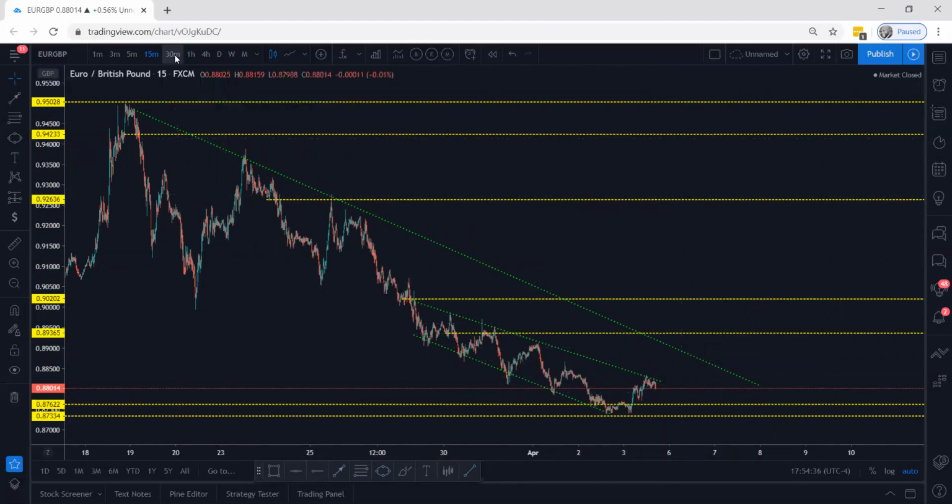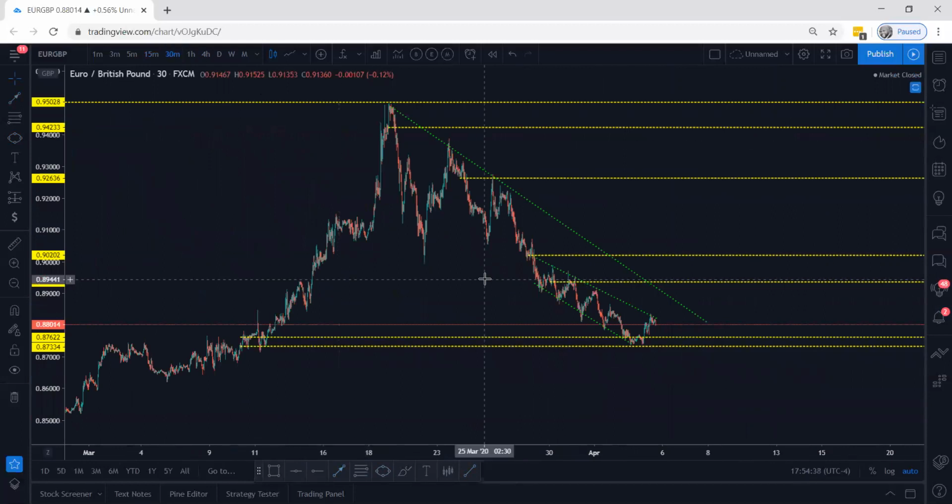So that is Euro GBP. So overall uptrend on the higher time frame, downtrend on the lower time frame because it's in a correction state.